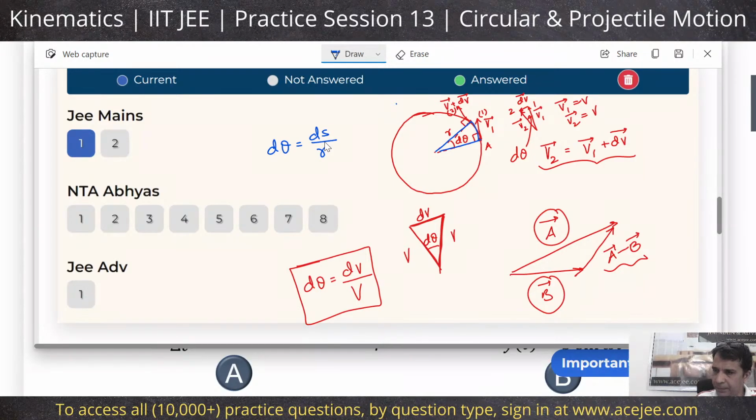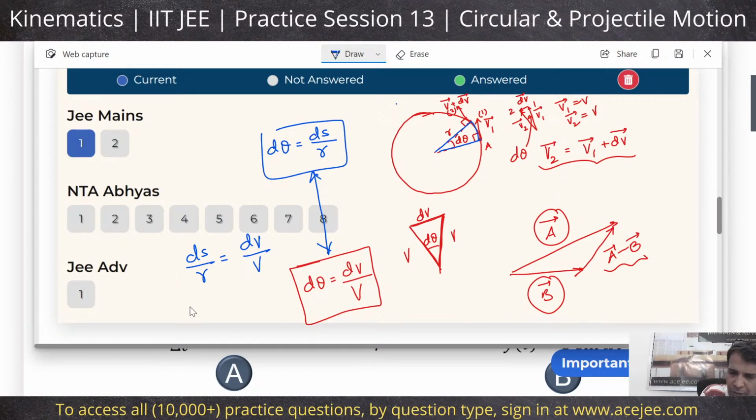So I'm going to equate the two. What do we get from these two equations? We get ds by r is equal to dv by v. I'm going to bring v to the left, so it's v by r into ds is equal to dv. I'm going to divide on both sides by dt. We get v by r into ds by dt is equal to dv by dt.